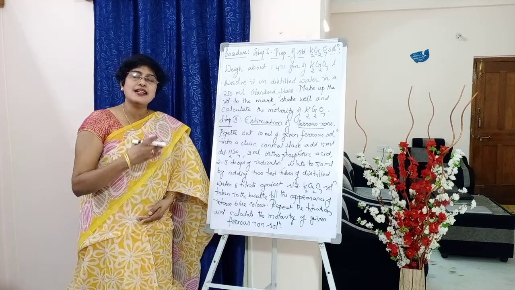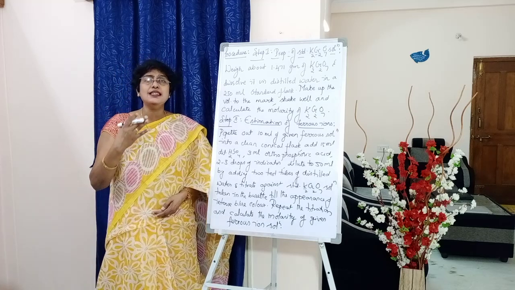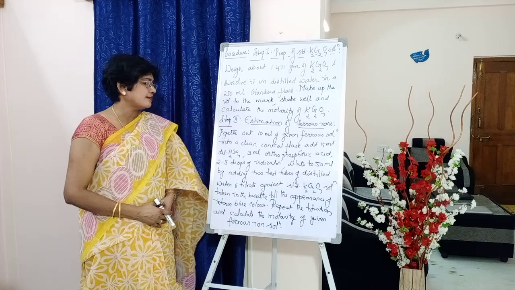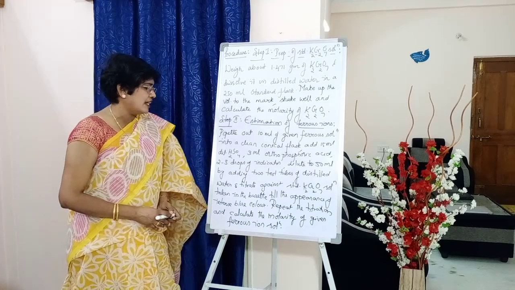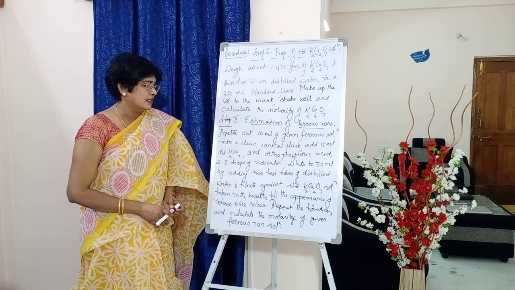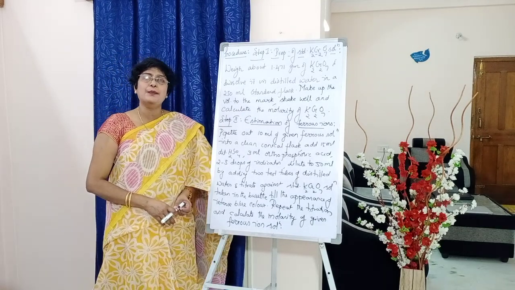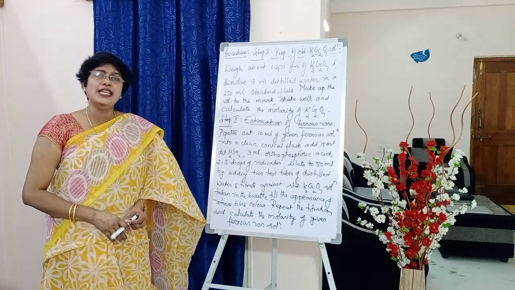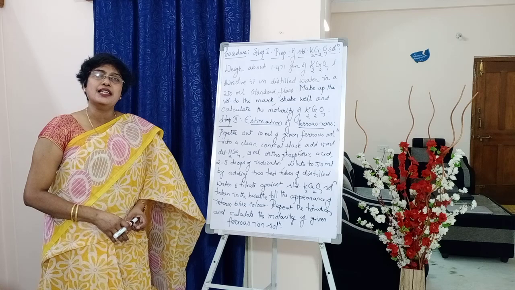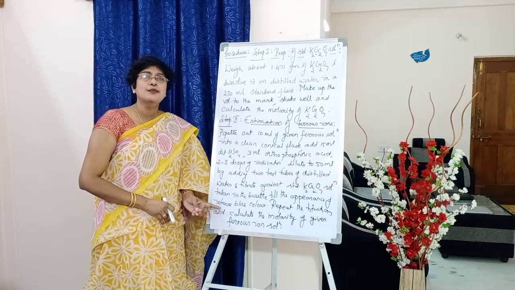That standard K2Cr2O7 solution will be taken in the burette, students, till the appearance of intense blue color. We have seen the end point is appearance of blue color. So we should stop at this point, students.